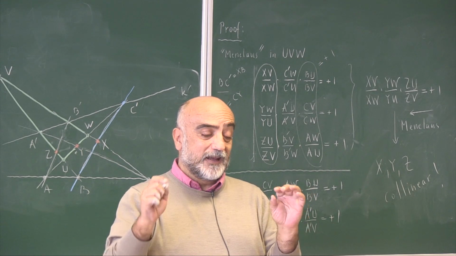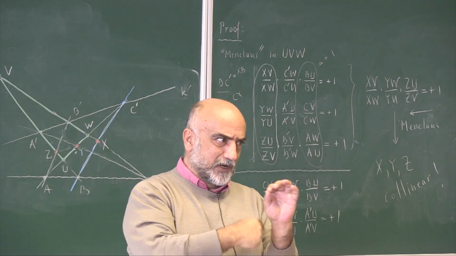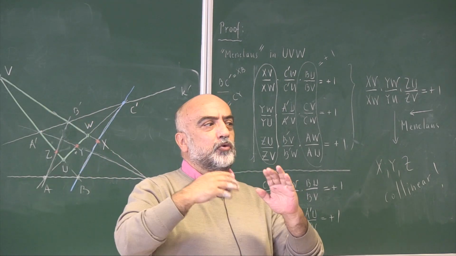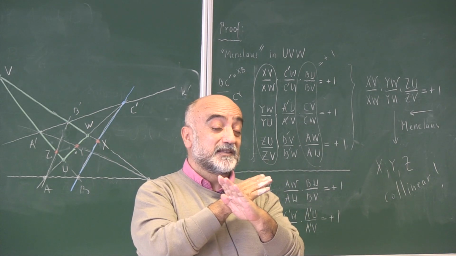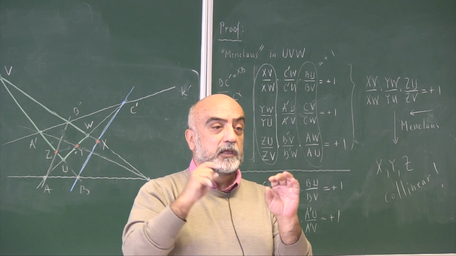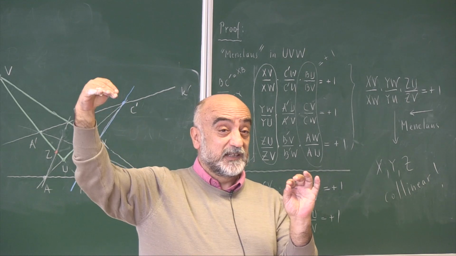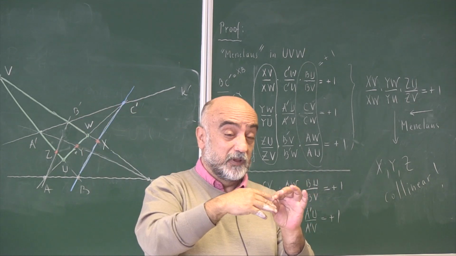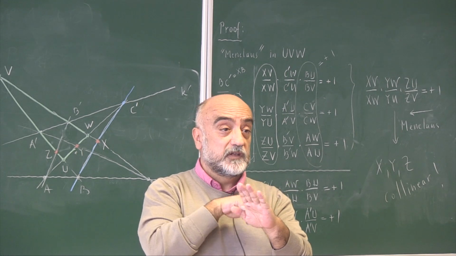Through any two points you can draw a straight line, and any two distinct lines will intersect in a point. Do you follow me? Given two distinct points, there is a single line containing them. Given two distinct lines, there is a point which is the intersection of them.